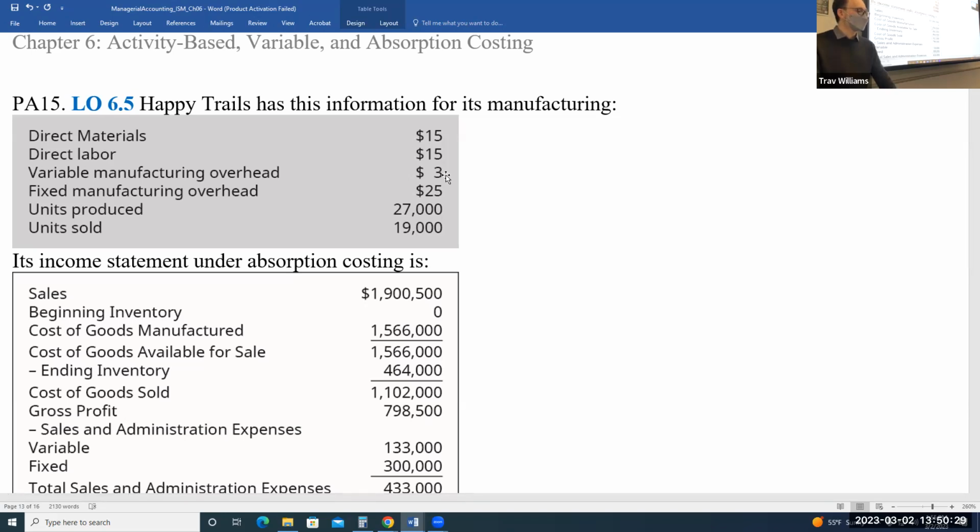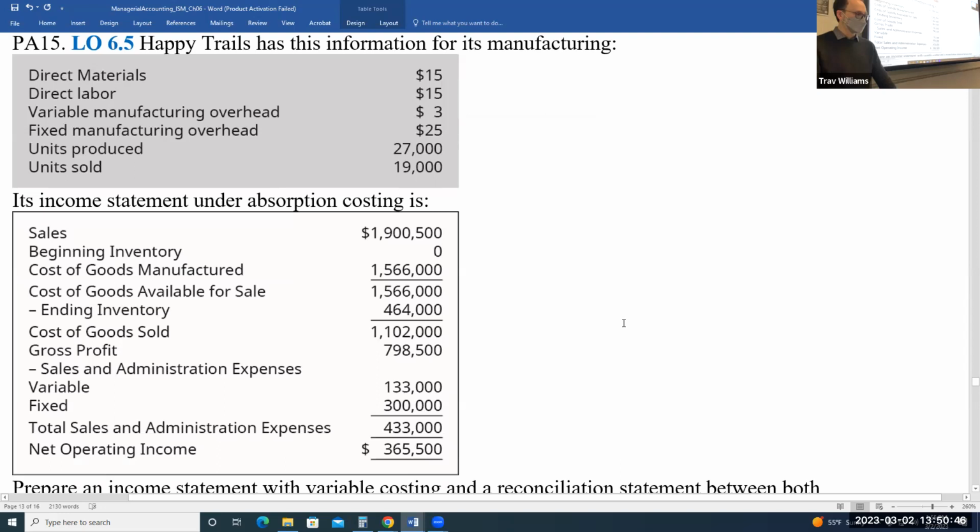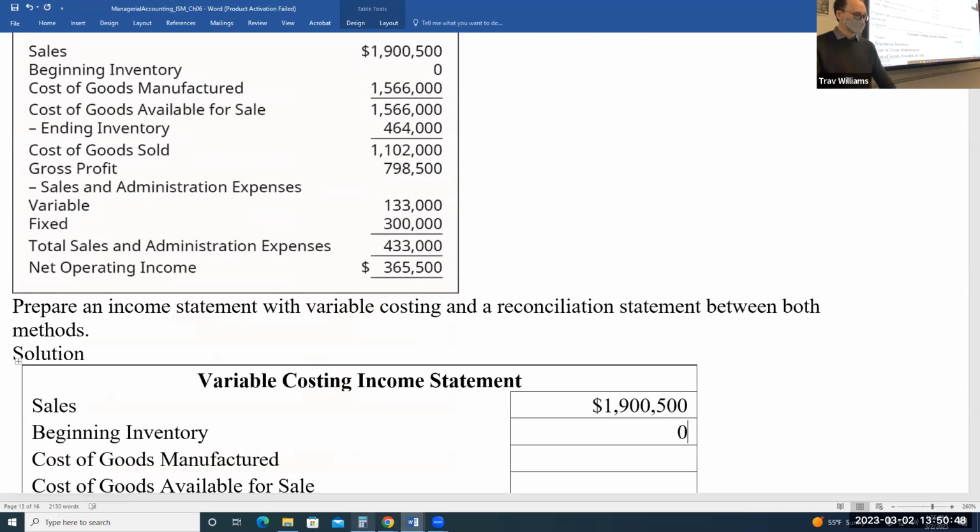And how many units did we produce? 27,000. So if we take the $33 per unit variable cost times the 27,000 units, that gives us $891,000 of cost of goods manufactured. Does that make sense? Okay.